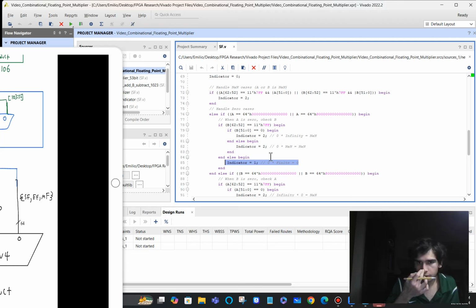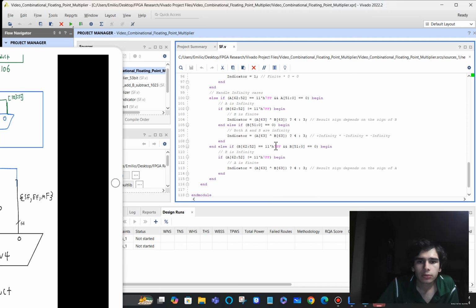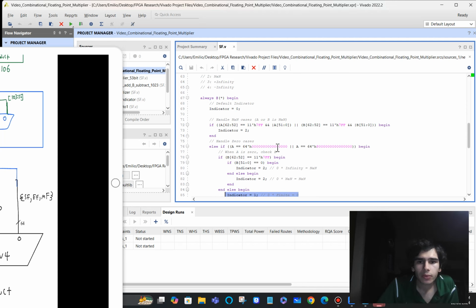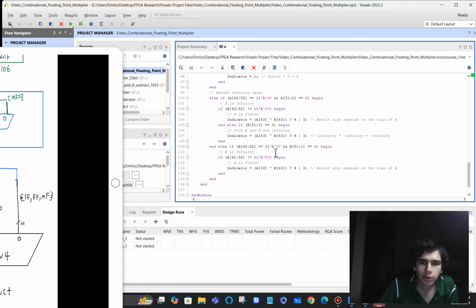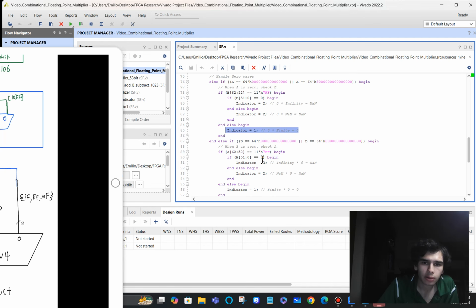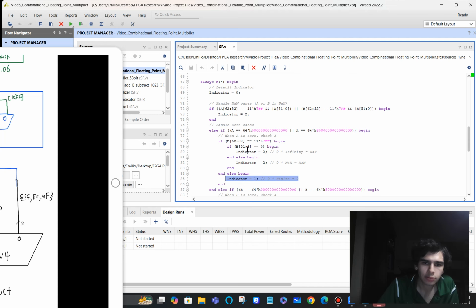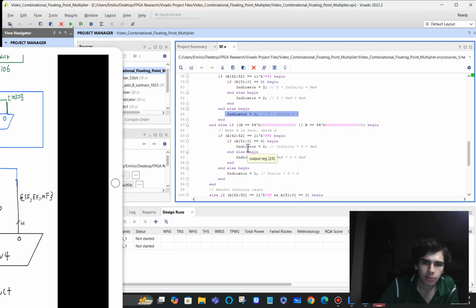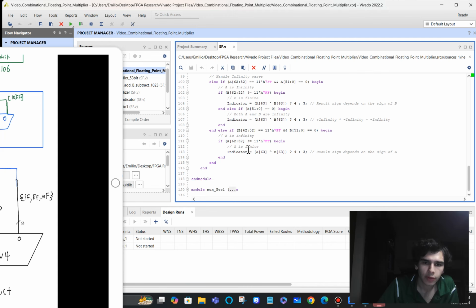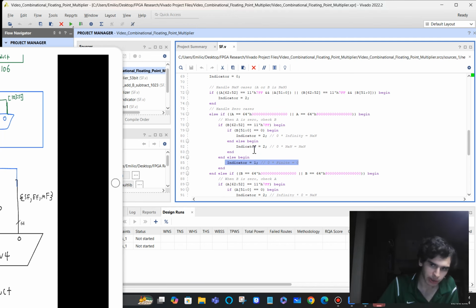This should be correct. If it's not correct, it's very, very easy to change.